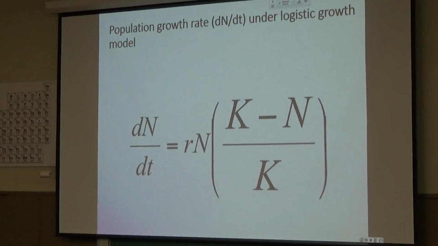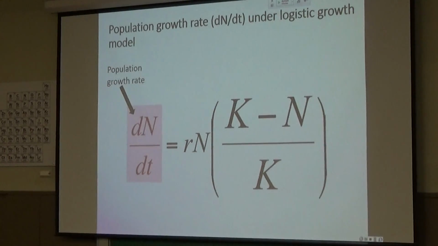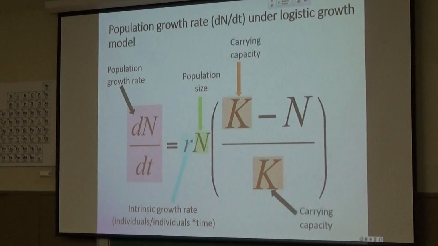Looking at this formula, I'm just going to add all of the explanatory components here. So we have dN over dt, which is that growth rate at a very tiny slice of time. r, which is the intrinsic growth rate. We know that r is a property of the population, so this r does not change over time.